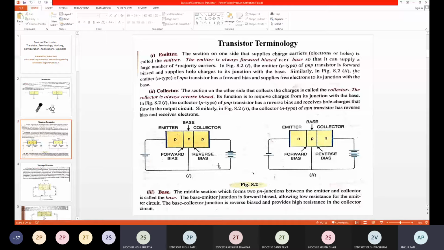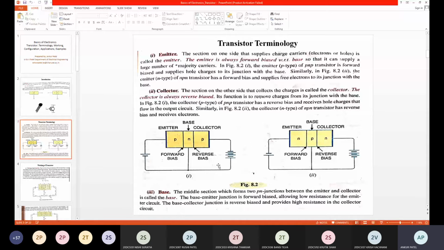So minimum or maximum? Maximum in forward biasing. Yes, maximum, because it has a low resistance path. Forward bias is nothing but offering a low resistance path, so there is maximum flow of current in the input circuit.